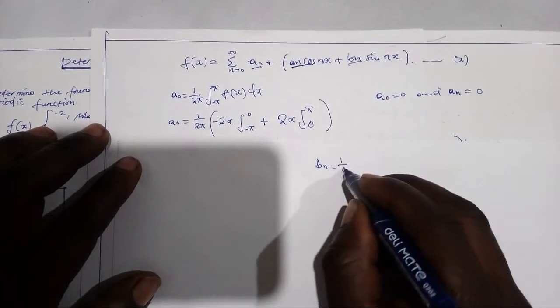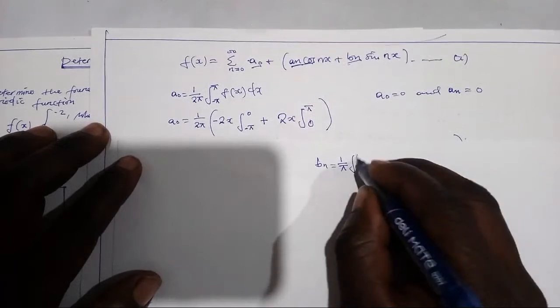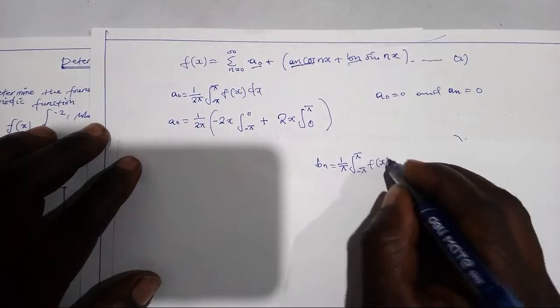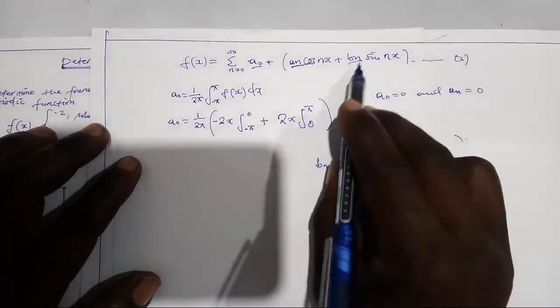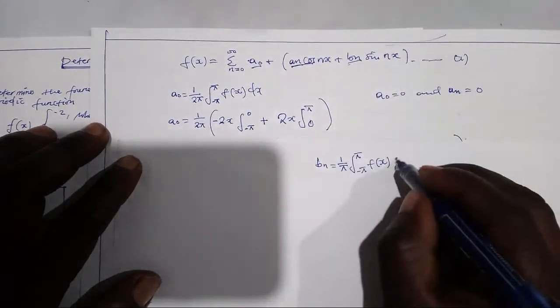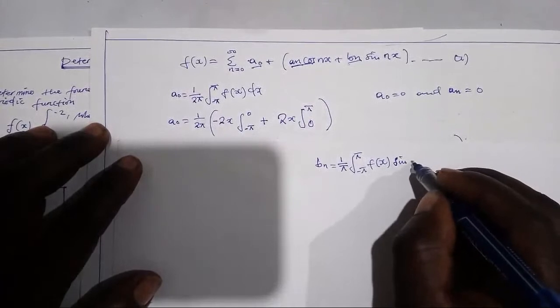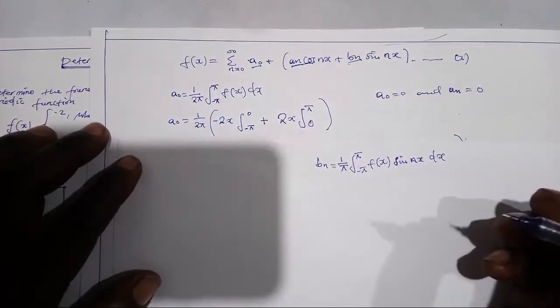1 over pi, then the integral from minus pi to pi of f of x sine nx dx, because here we are following this b n.